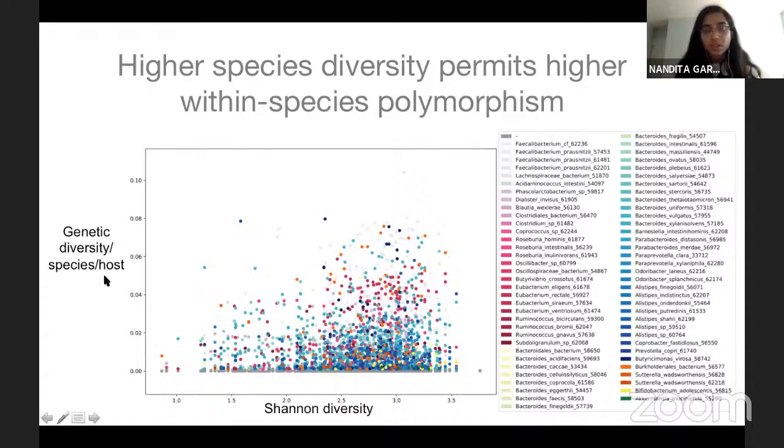So it's roughly plotting pi, or the amount of polymorphism, for different species as a function of community complexity, which is measured here as Shannon diversity. And we can see a positive trend in which you have more polymorphism within species for more complex communities.